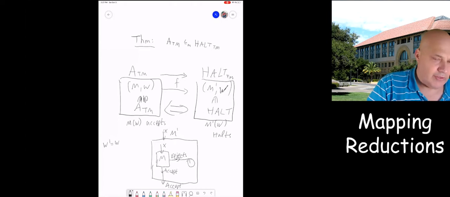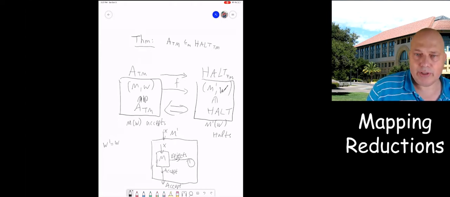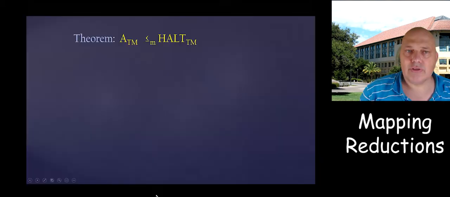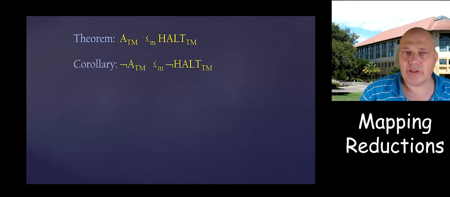So we have that MW is in ATM if and only if M prime W is in Halt, and that's the construction we wanted. So we have that ATM is mapping reducible to Haltm. And as a corollary, we will have that not ATM is mapping reducible to not Haltm. So why is this true?